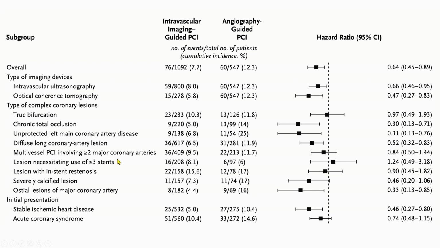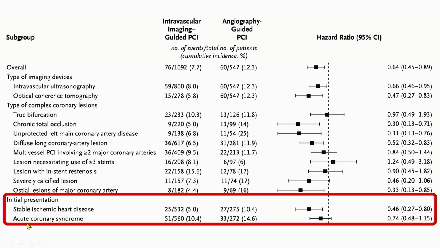In the subgroup study, in stable ischemic heart disease, image guidance is actually more important, and acute coronary syndrome also does better than angio-guided, although the statistics are not significant.